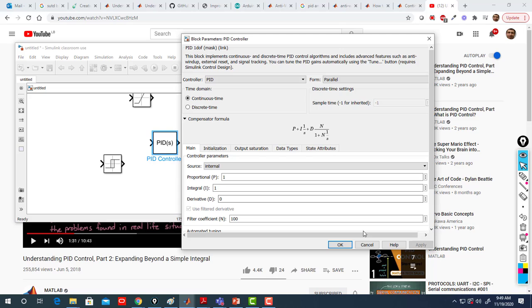We demonstrated it last time. That's what we mean by expanding beyond the derivative term.